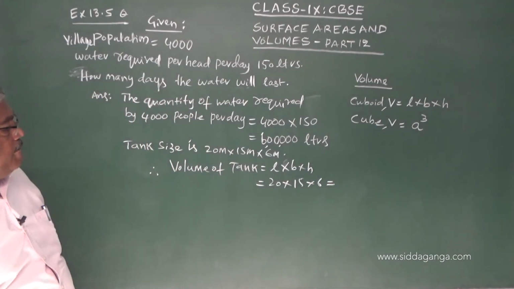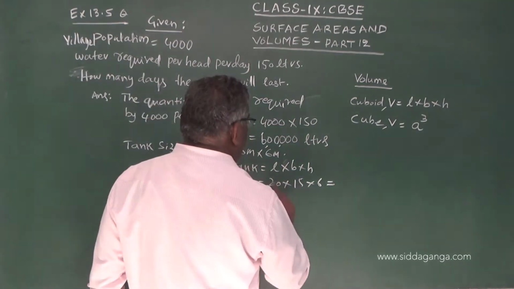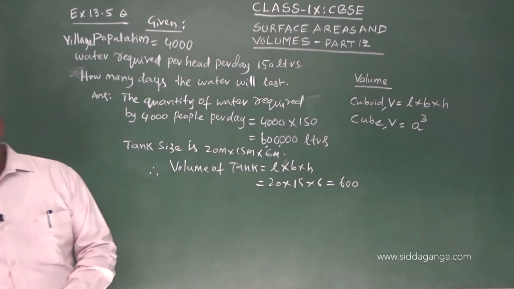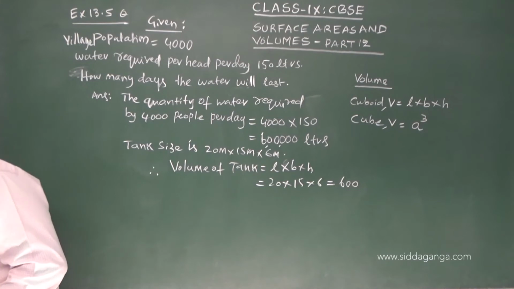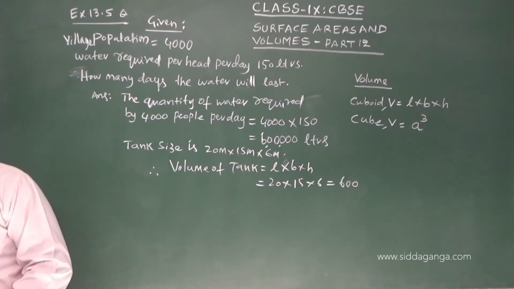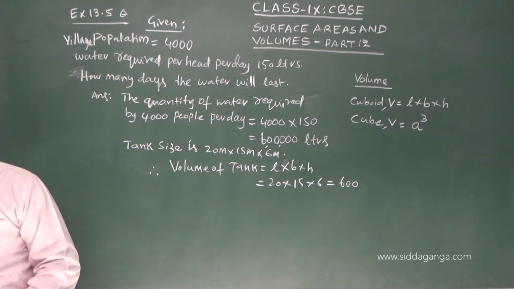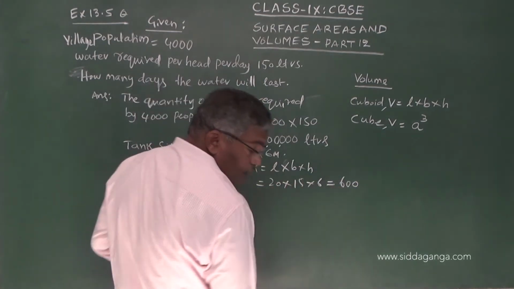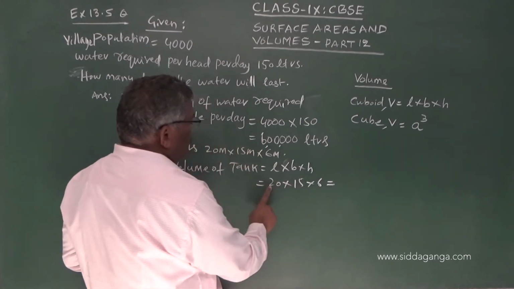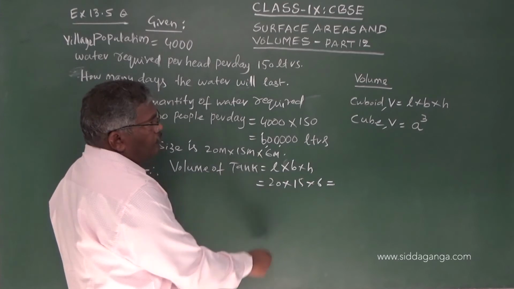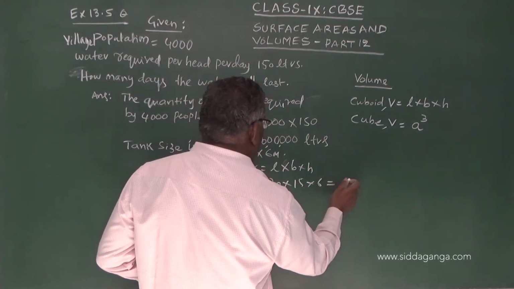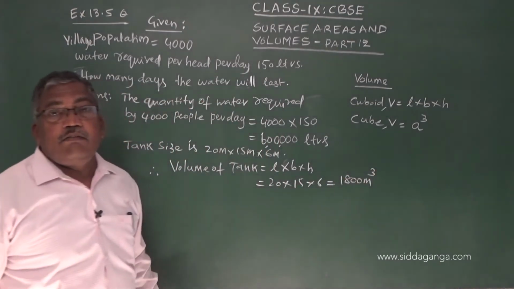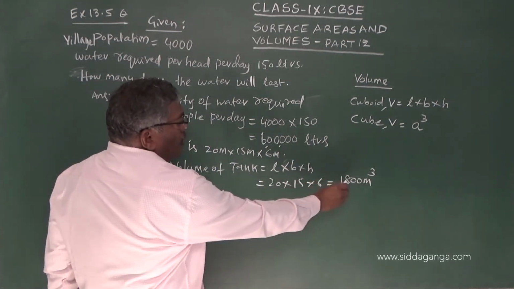That equals 15 into 2 is 30, 30 into 6, 300 into 6, 1,800 meter cube. 1,800 meter cube is the volume of the tank.